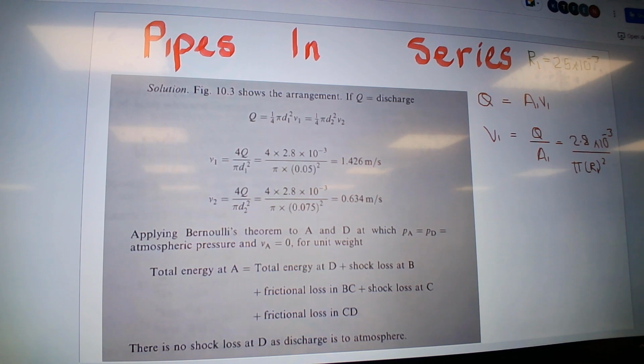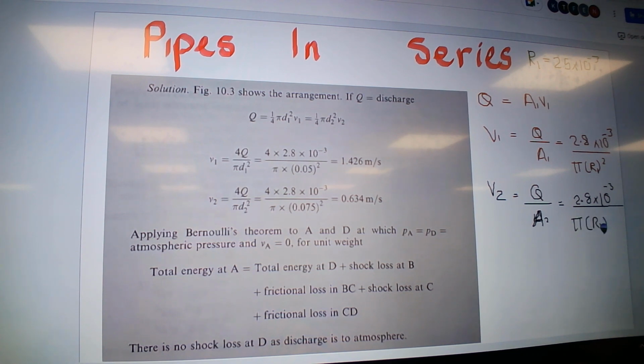Once we got the V1, we need to find out the V2. For the V2, same thing. V2 is going to be Q over A2. The Q value is exactly the same, 2.8 times 10 to the minus 3, because of the same flow rate, over pi r square, R2 square.